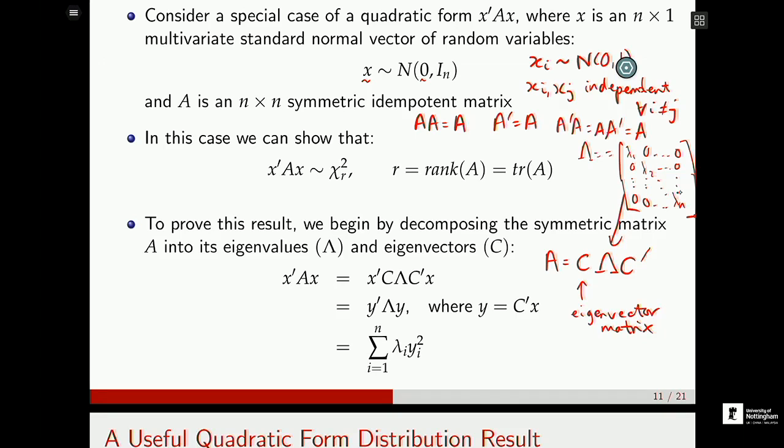Right, so let's start with that then. So we've just replaced A with C lambda C transpose. And just to make the arguments a little bit easier, we'll just change the notation briefly. We'll let C transpose X be denoted by Y. So you've got a Y at the back there, C transpose X, and at the front you've got X transpose C, which is just the transpose of C transpose X, so we can call that Y transpose.